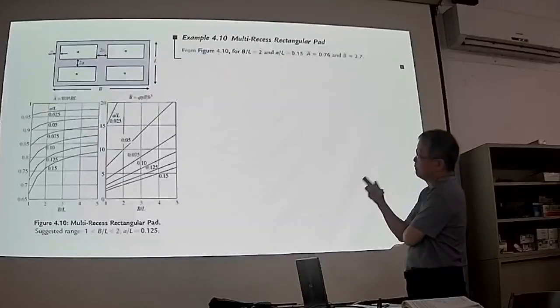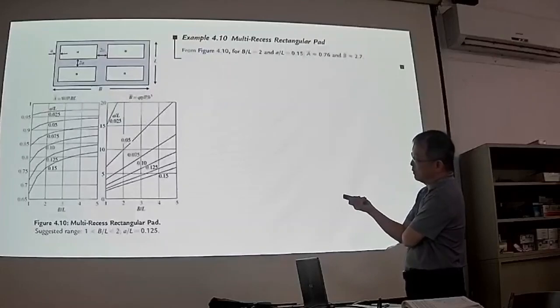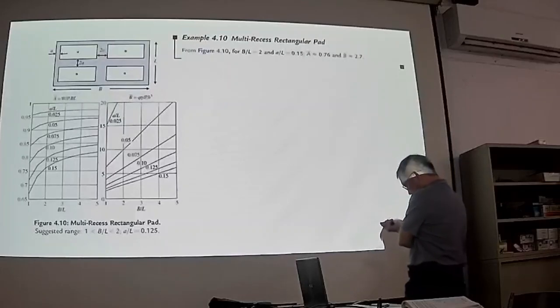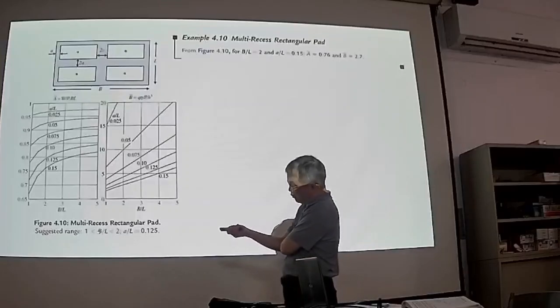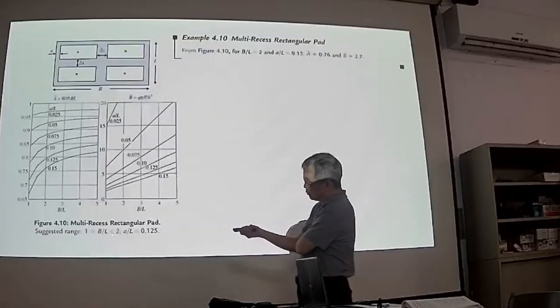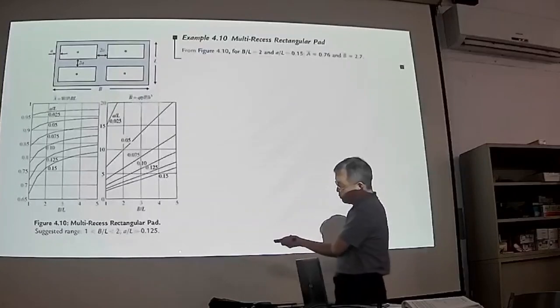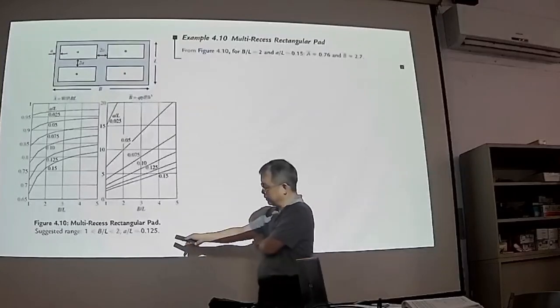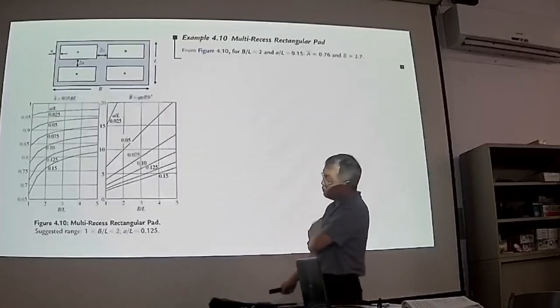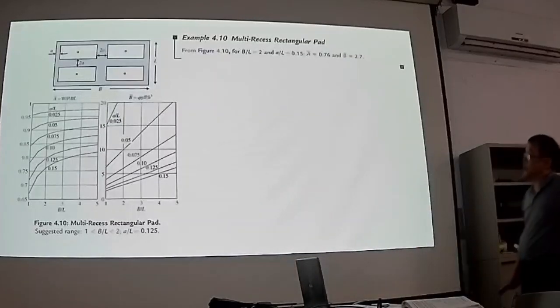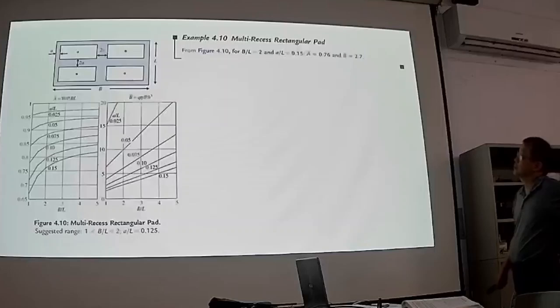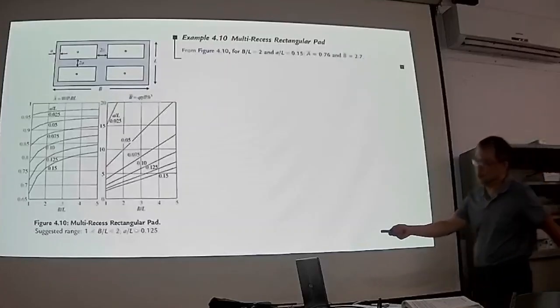So there are also A bar and B bar with different length divided by width ratio between 1 and 2. And the land width ratio is equal to 0.125. It's a very small or very thin land.